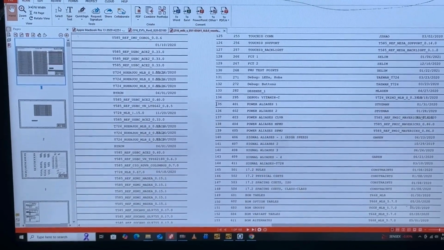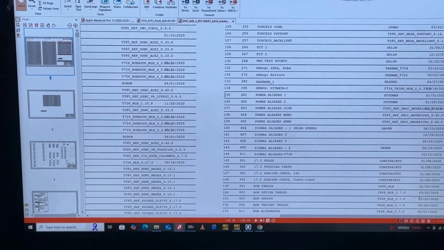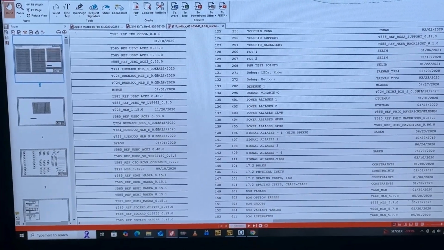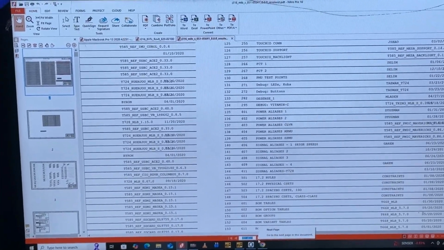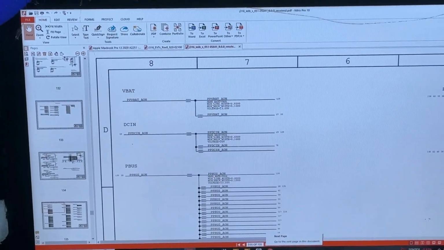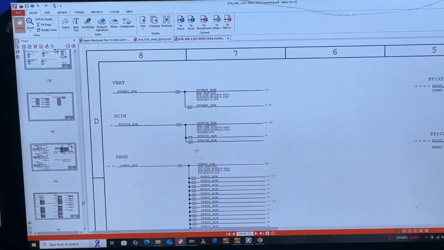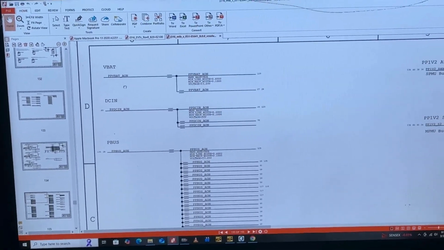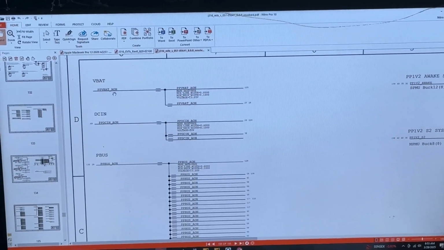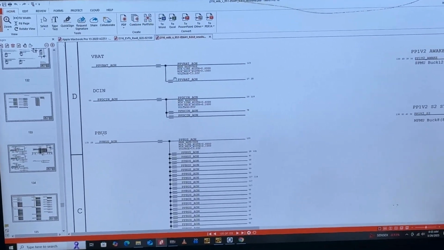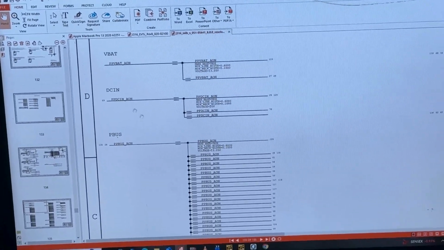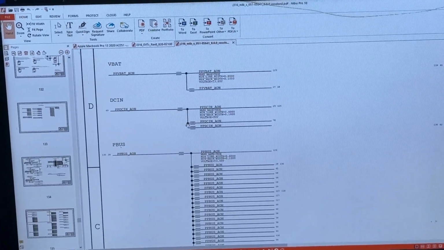Since we are working on power, you start on the power line, which is on page 135. From the first reading, which is PPV battery, the first voltage is DC in 19 volts, which is present.